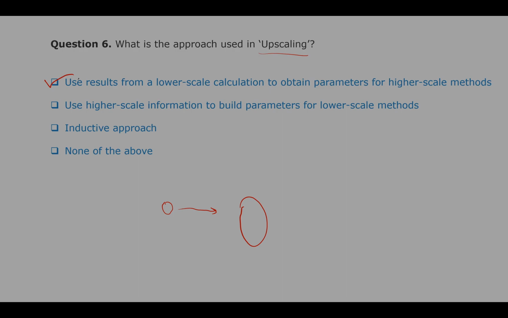Why? The lower scale calculation results we have to use to obtain the parameters of higher scale methods. What exactly are we doing? That lower scale calculation result we are using for higher scale parameters. That method is called upscaling.